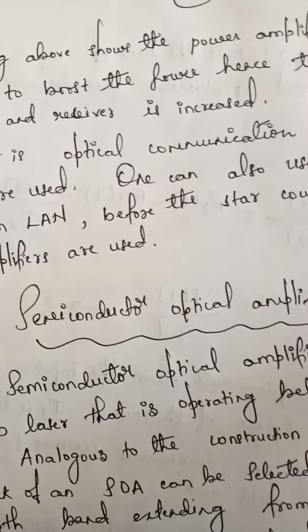Analogous to the construction of a laser diode, the gain peak of a semiconductor optical amplifier can be selected in any narrow wavelength band extending from 1260 nanometer wavelength in the O band to 1650 nanometer in the U band by varying the composition of the active InGaAsP material.